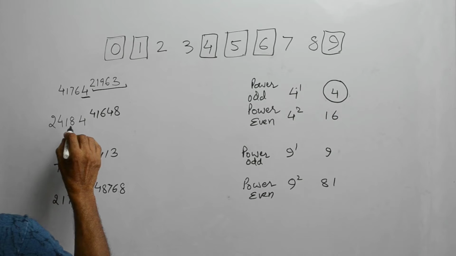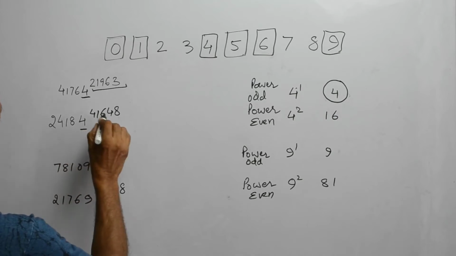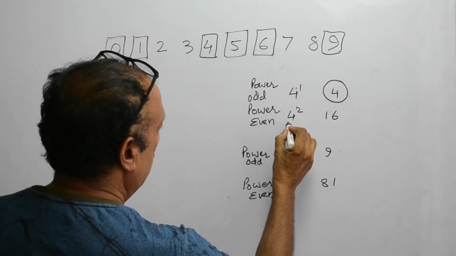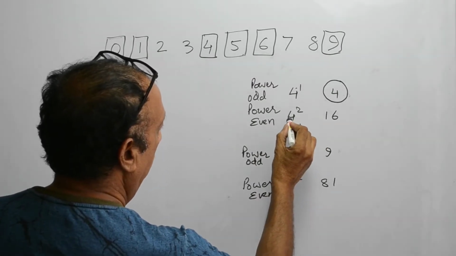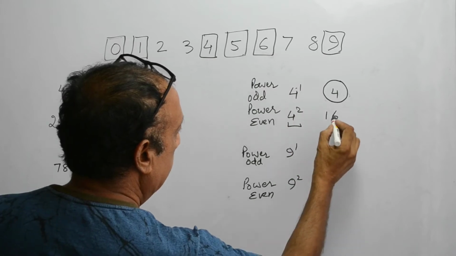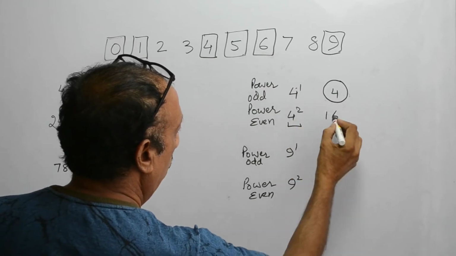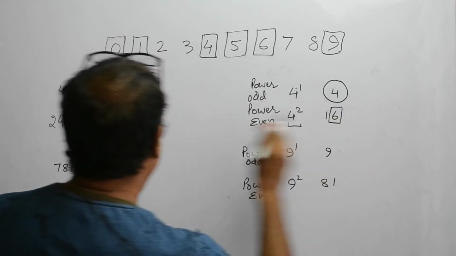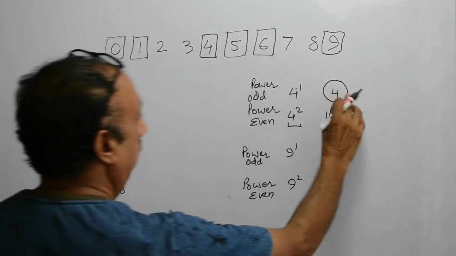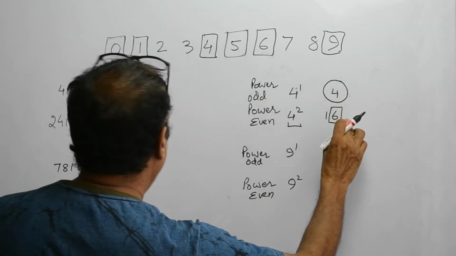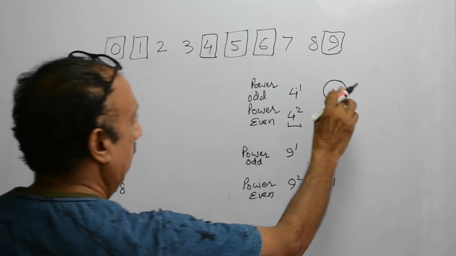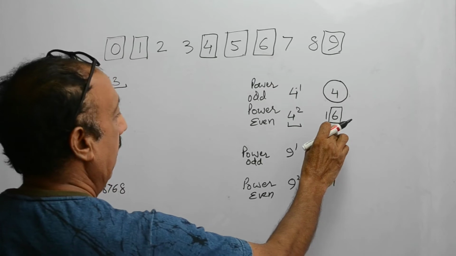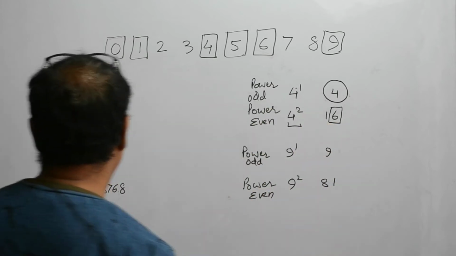If the power is even, then we will be getting 4 raised to power 2, which is 16, so the last digit will be 6. In case of 4, we are going to get only two numbers, either 4 or 6. If the power is odd, we get 4. If the power is even, we get 6 as the last digit.